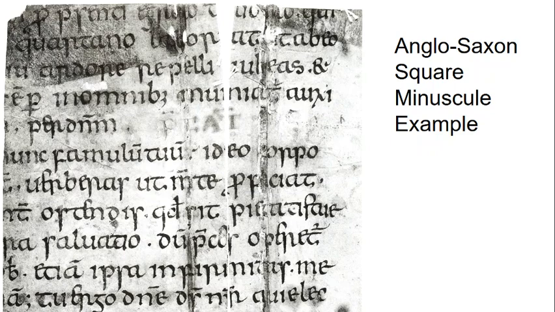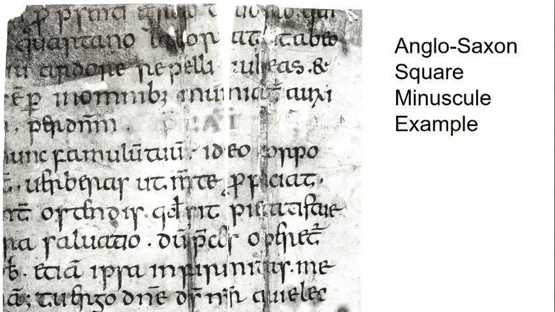Anglo-Saxon square minuscule. So here if you look in the middle lines, you can see in the line that is fifth up from the bottom, verberas, the a at the end before the ut. That a almost looks like a u because it almost looks like a little box, and it's got a very flat top.